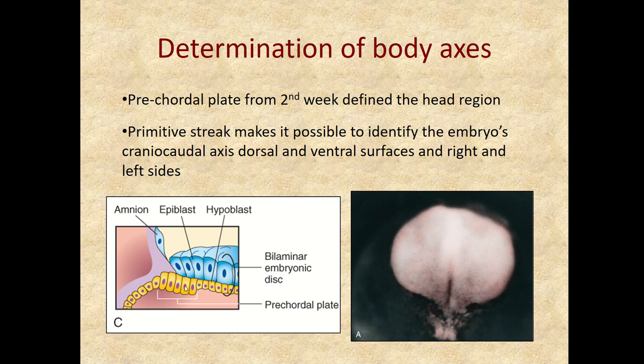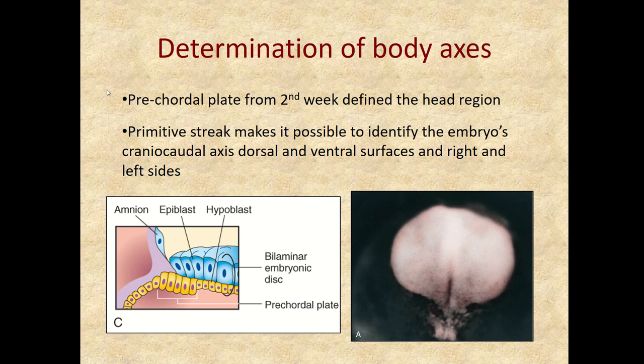So this is going to be the head or cranial region of the developing embryo, and it makes the other part of the developing embryo going to develop into the caudal end or the tail end. And then also will help determine whether the tissues are going to be on the right side versus the left side of the developing embryo.